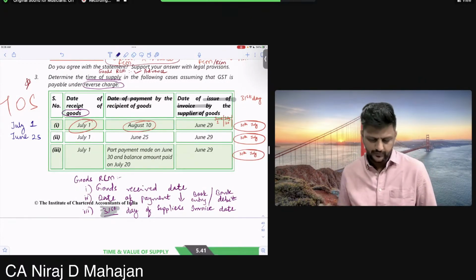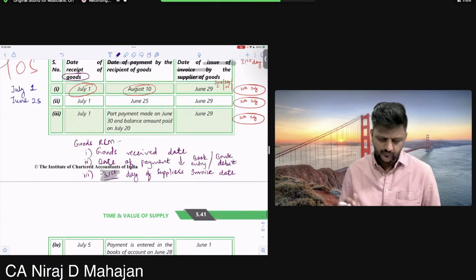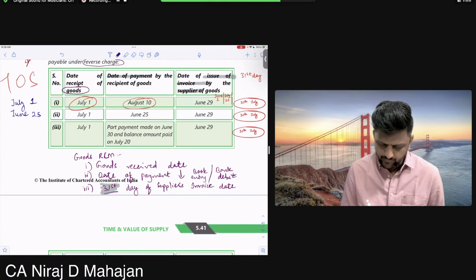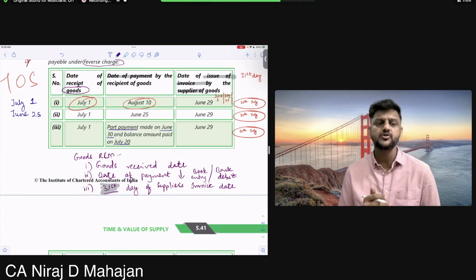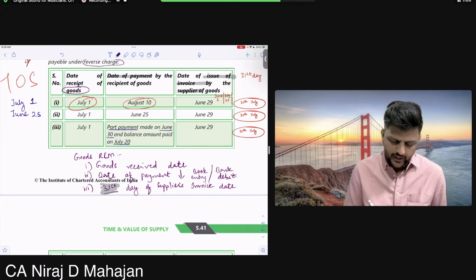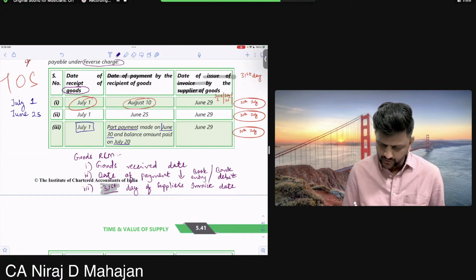Then 1st July. Part payment made on 30th June. And balance amount paid on 20th July. Now pay attention. You'll have to split it. Earlier of 1st July, 30th June and 30th July.